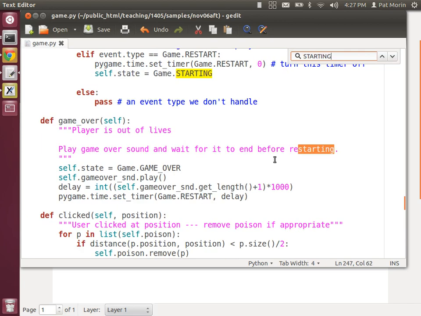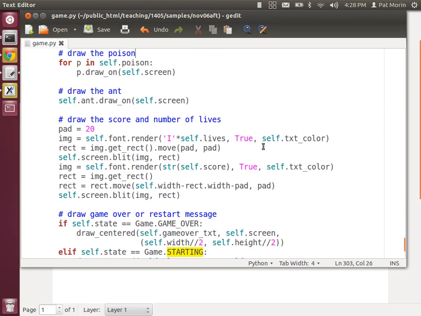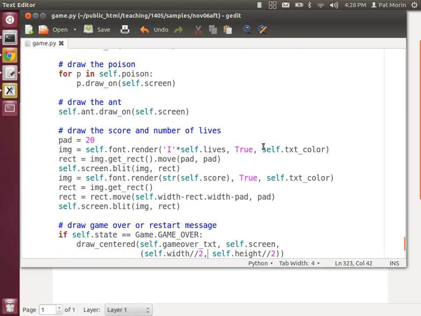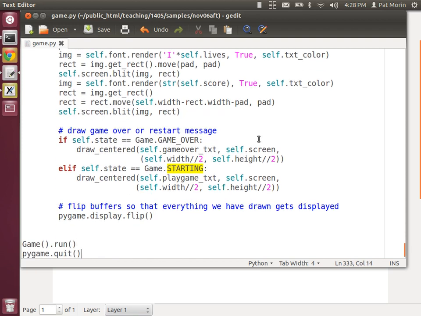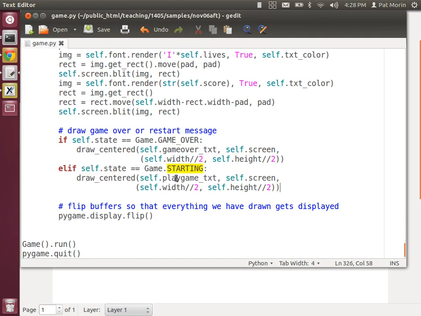If we search some more for that, there's another place where we see the starting state showing up, and that's in the draw method, which draws the entire contents of the screen. After it draws the ant, the food, and the poison, if the state is game.starting, it draws this extra thing, which is this message that says click to play.